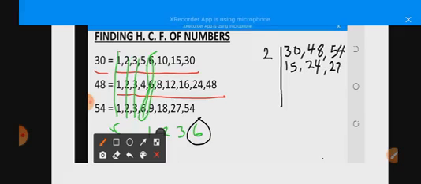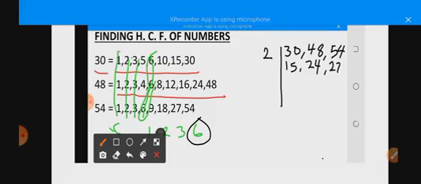Will 2 divide through again? No, 2 will not divide 15. 2 will not divide any number that ends with 1, 3, 5, 7, 9. Any number that ends with an odd digit is not divisible by 2.